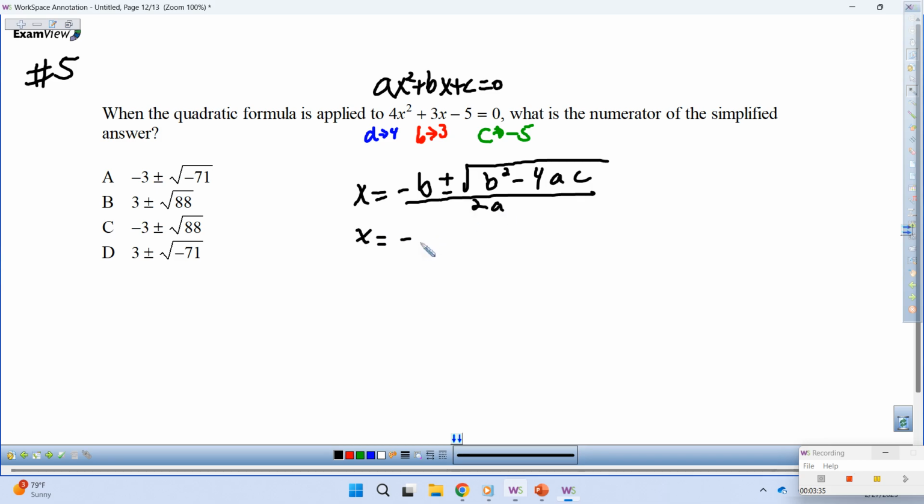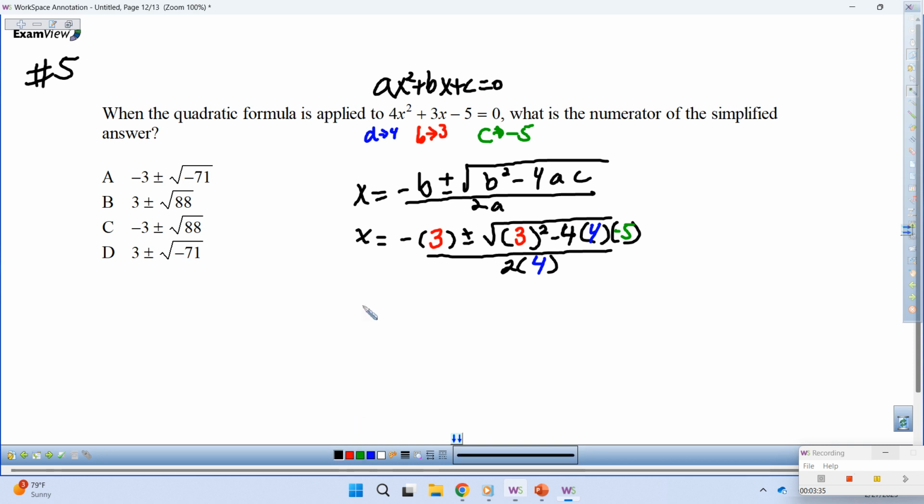X equals minus parentheses plus or minus square root parentheses squared minus 4 parentheses parentheses over 2 parentheses. So, start with B. B is 3, so that goes here and here. A is 4, so it goes here and here. And C is negative 5.